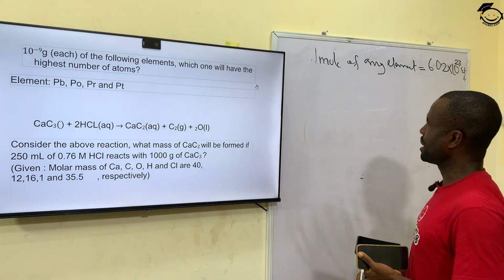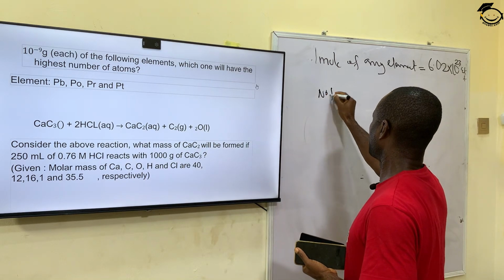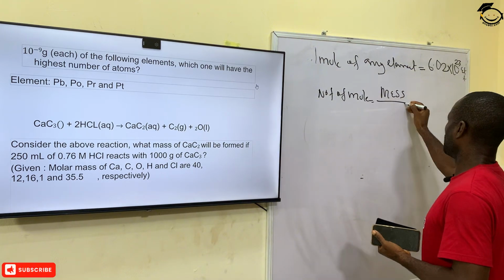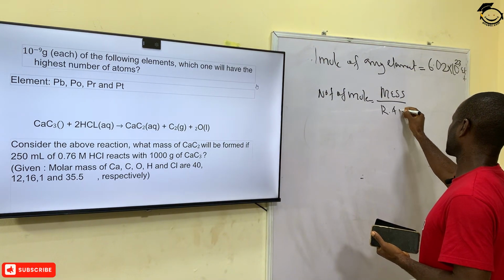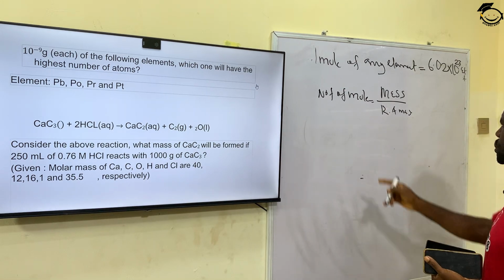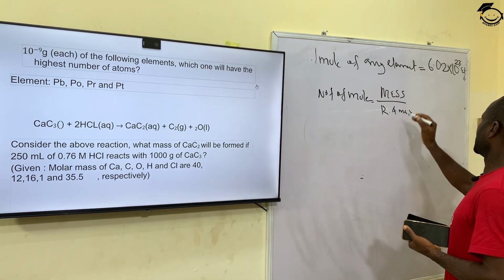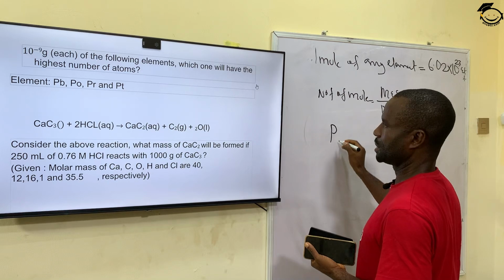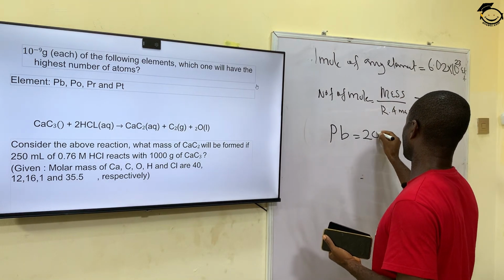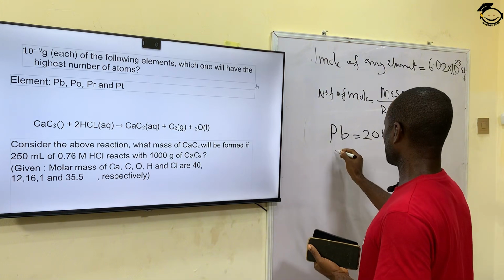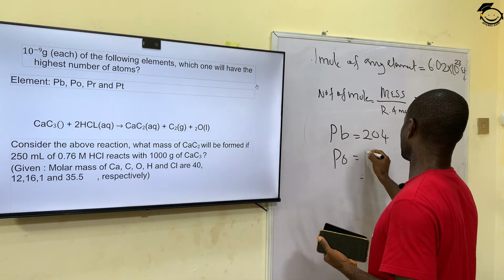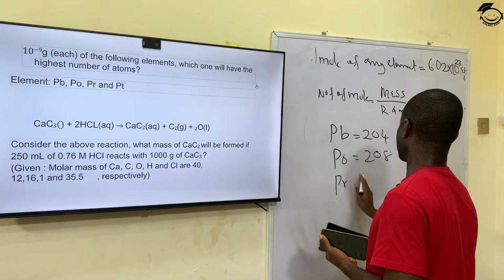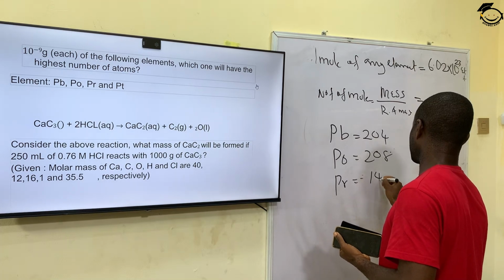That's 1 mole. So how do you find the number of moles? Number of moles equals mass given over relative atomic mass of each element. In this case, we have been given lead, which is 204, polonium, which is 208, then praseodymium, which is 141.